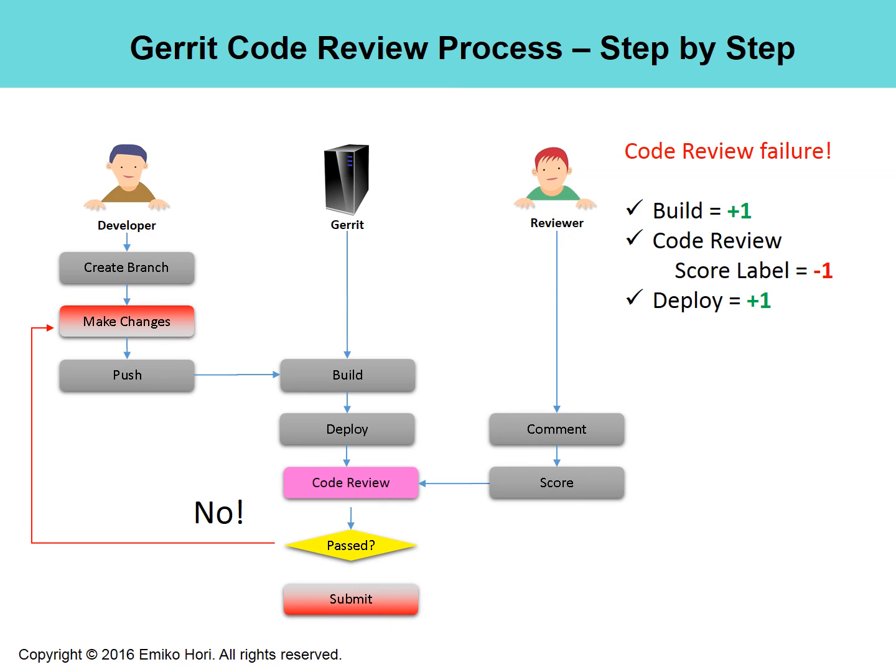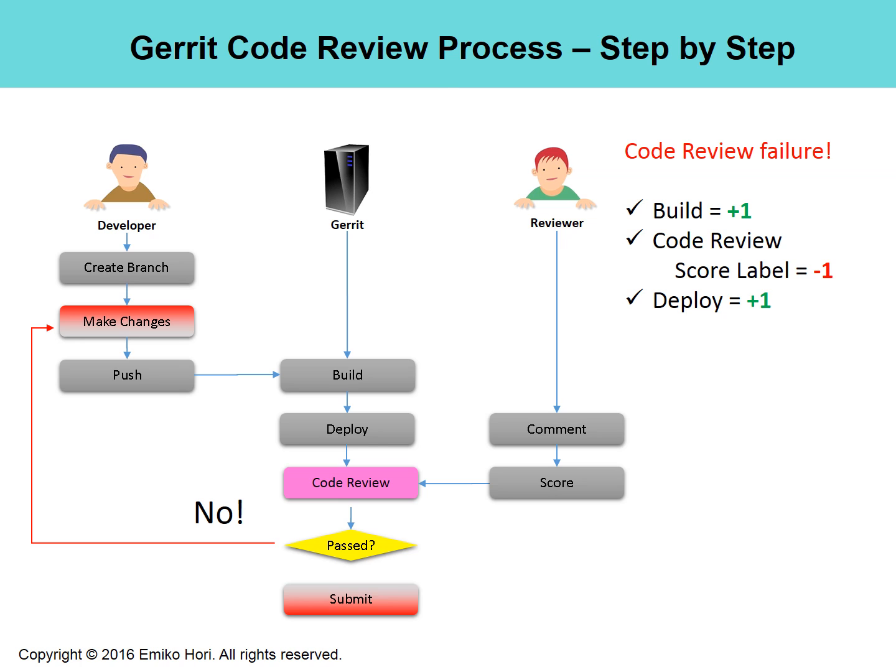As I explained before, in this particular case, the code review score label is -1, which means we have to push it back to the developer, so he or she has to make changes again. Now, for the other scoring system, in this particular case, build and deploy, the positive ones are green.